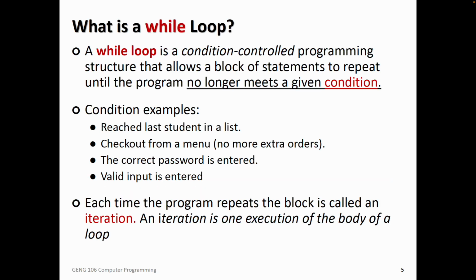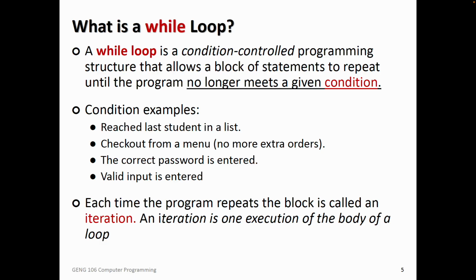So what is a while loop? A while loop is a condition controlled programming structure. Which means that the program will keep doing the same thing as long as the condition that we defined is true. Until there is no obstacle in front of you, so if it is true, move forward.